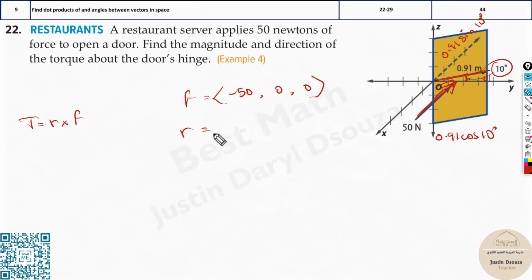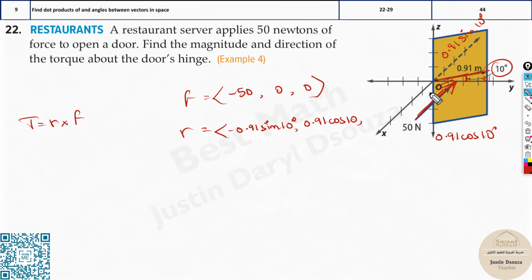That's it. So now you can just write them up. Since x is in the negative axis, you can put minus 0.91 sine 10 degrees. We are resolving along the components. That is this. And the next one is y, 0.91 cosine 10 degrees.